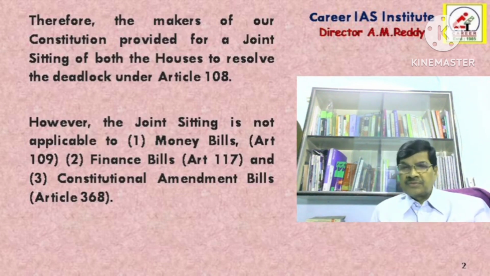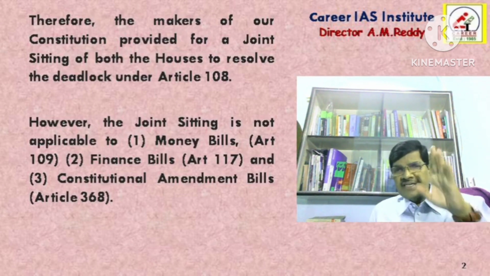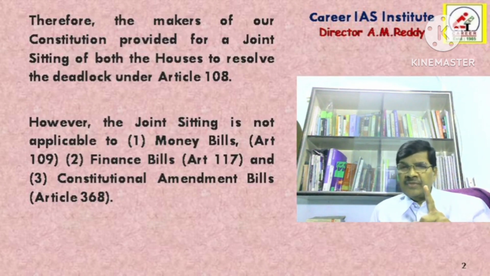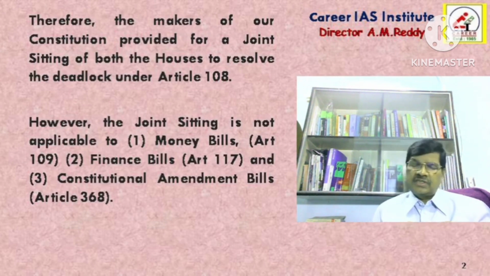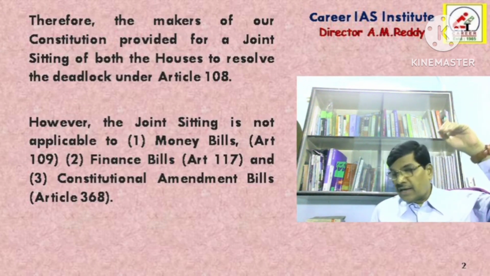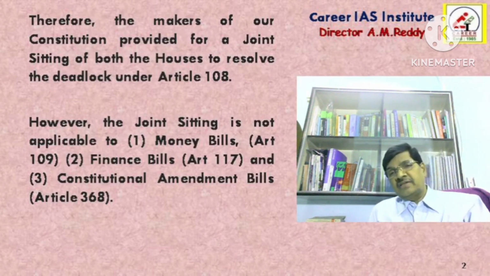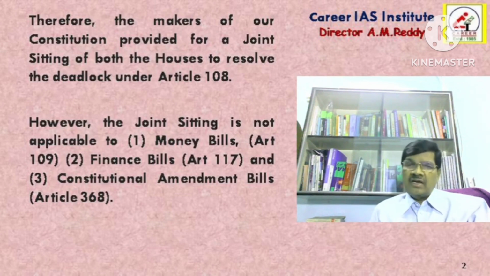Okay, this is about the joint sitting. What is a joint sitting? The members of both the houses of Parliament assemble together, sit together. But we have already seen such a provision under Article 87. Just recall the provisions of Article 87.